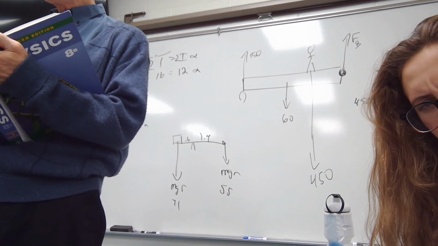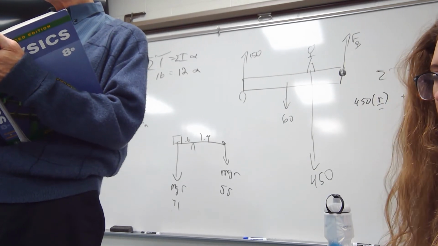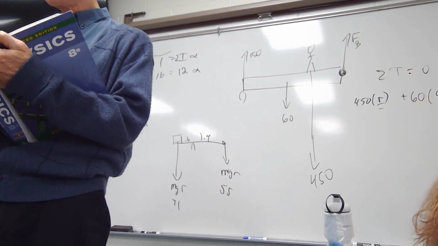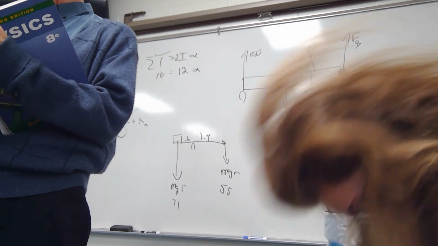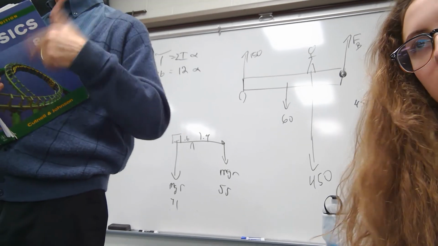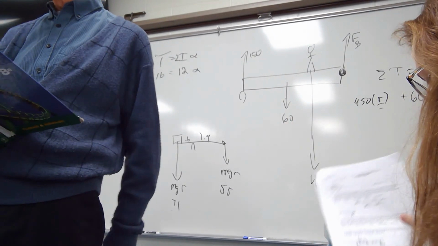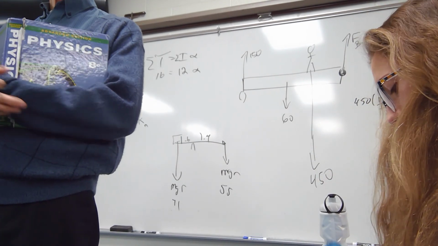Well, the answer was D, which says each external torque may be non-zero, but they've got to add up to 0 because the momentum must be conserved. We saw that with Sophia back there when she pulled in her arms and she sped up. I just didn't see D because it was on the other side, and I didn't see the option. Oh, I'm sorry. Yeah, some stupid book. All right, anything else?